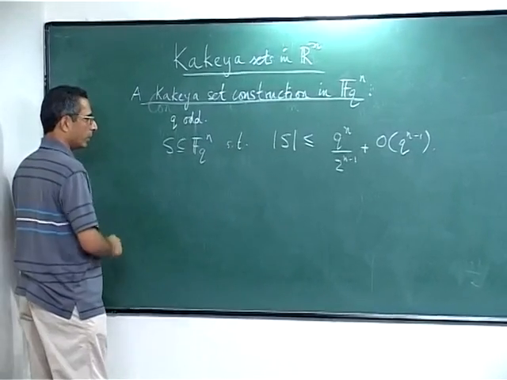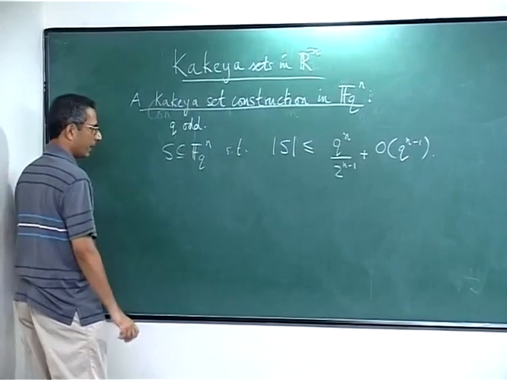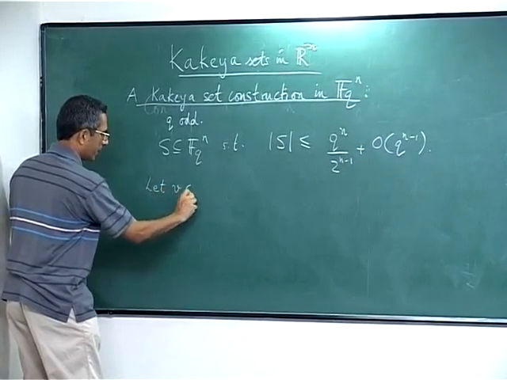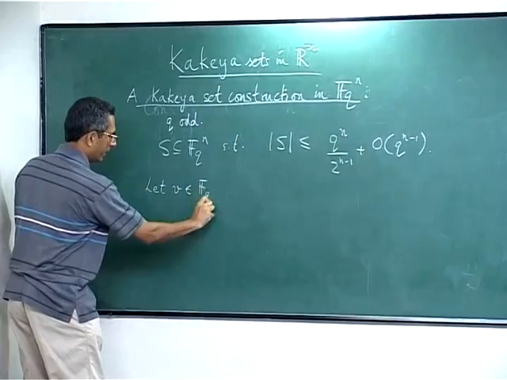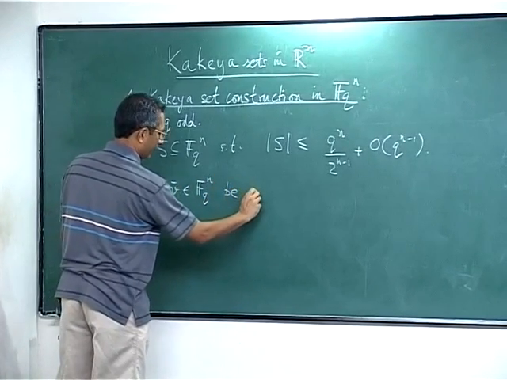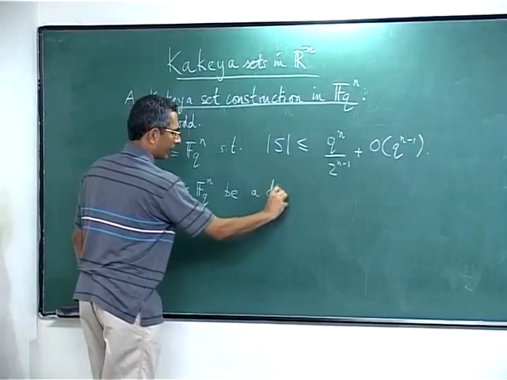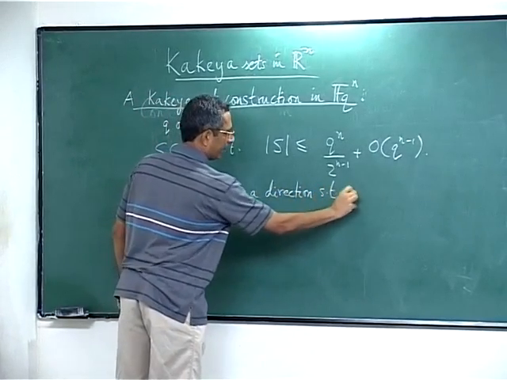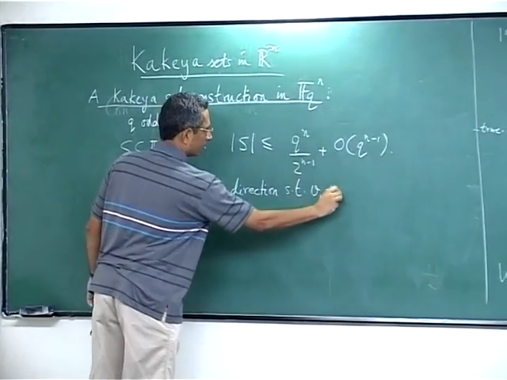Okay, so let v̄ be a direction such that v_n is non-zero.